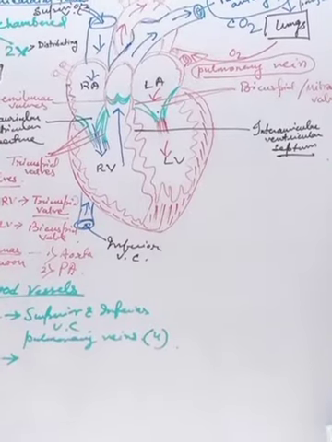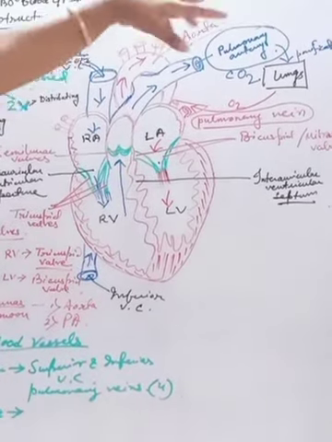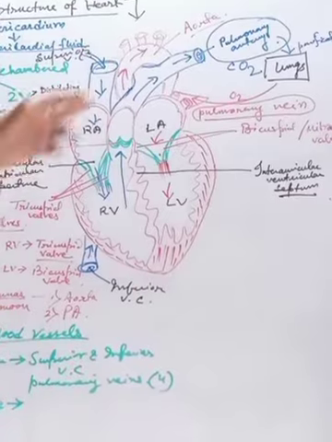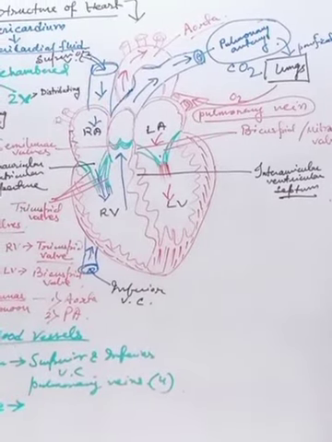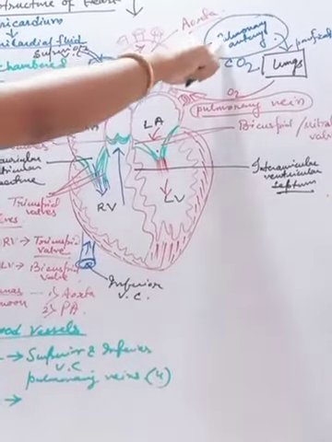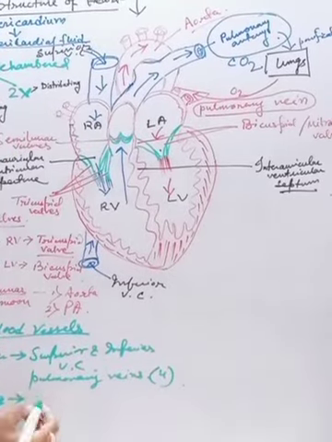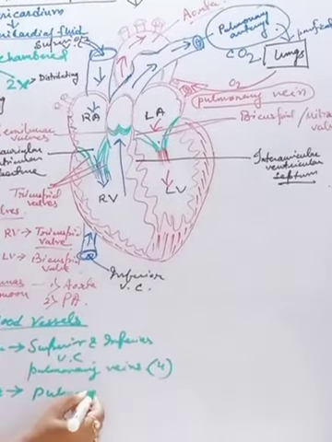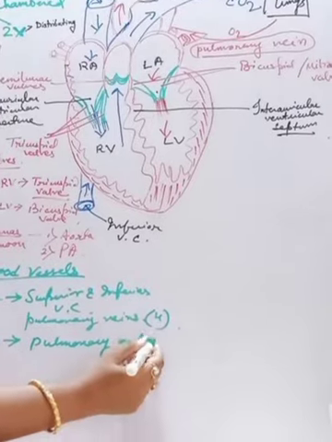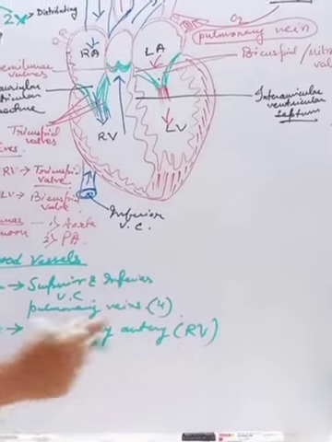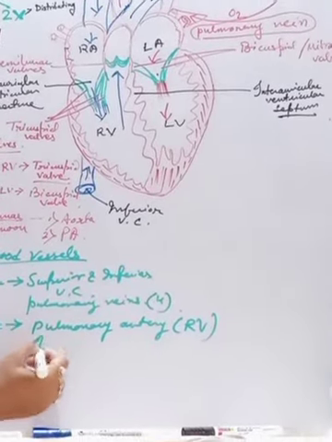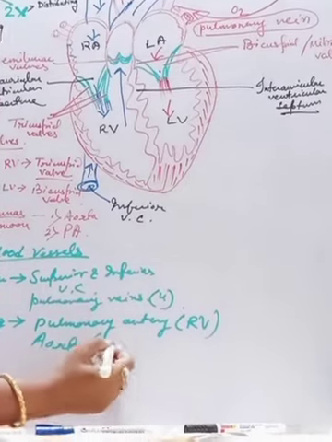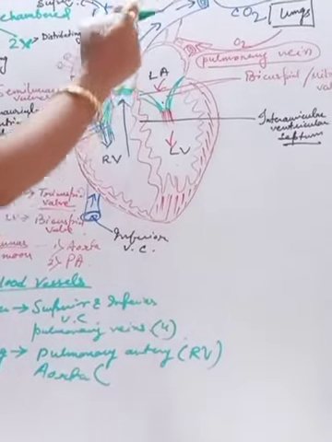That means the largest artery, that is the aorta. So the aorta is also coming out from the heart, isn't it? So my leaving blood vessels are, one is the pulmonary artery, which is leaving from the RV, and another one is my aorta. It is from the LV.